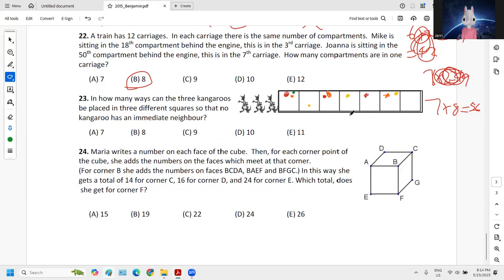Here, here, and here. Blue. You can do here, here, and here.